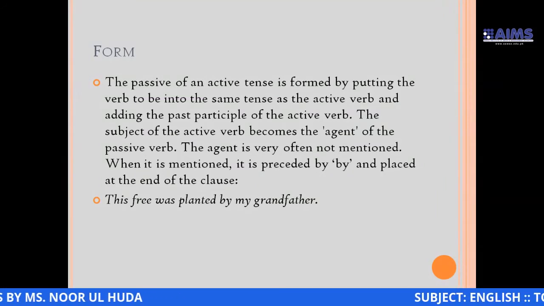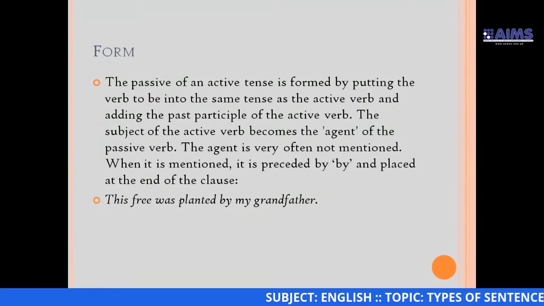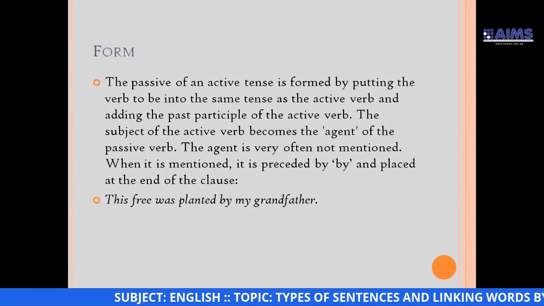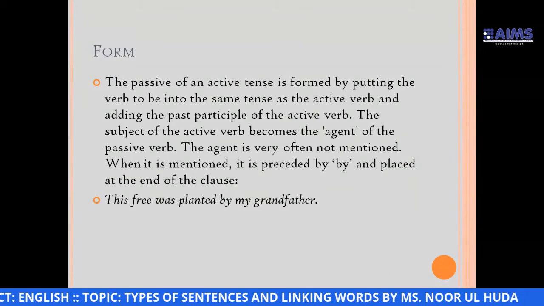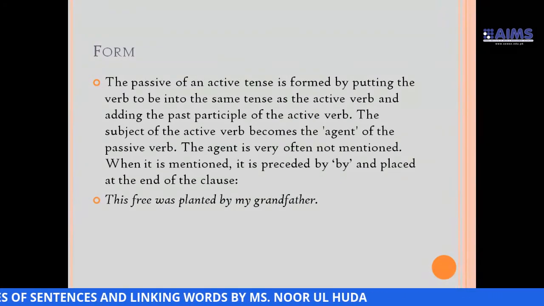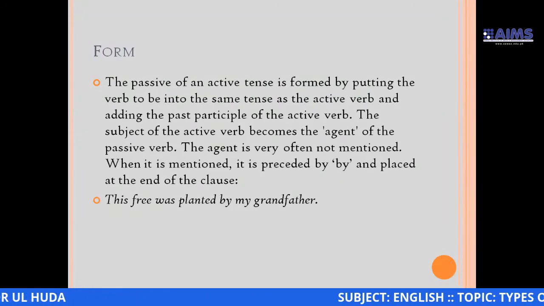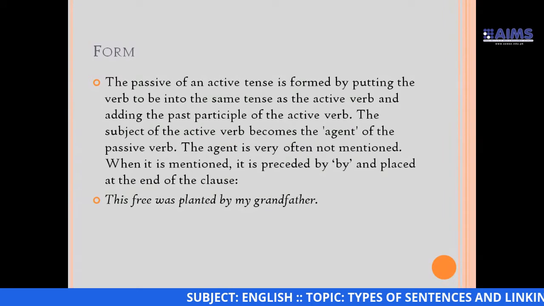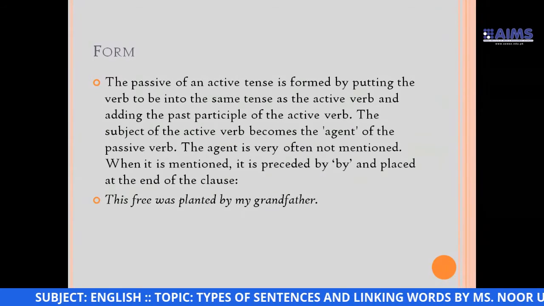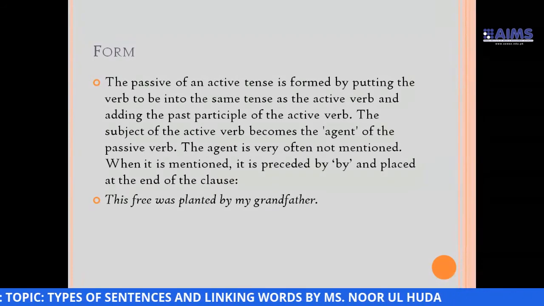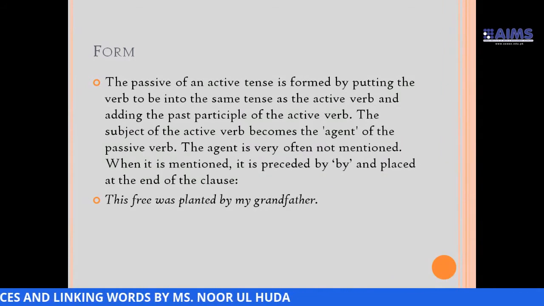If the active is in the present, it must be represented in the same tense, means the simple present. If the active sentence is in future, the passive would definitely be used in that way, that it must reflect some action in the future time.